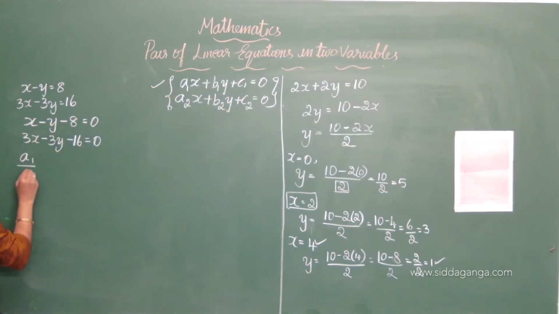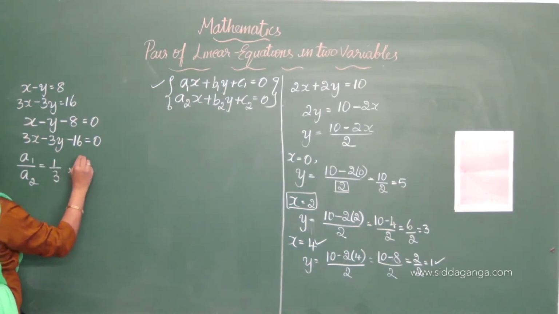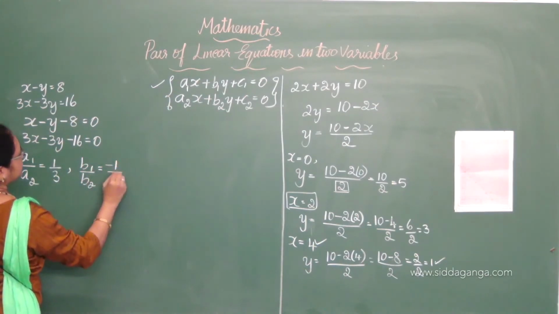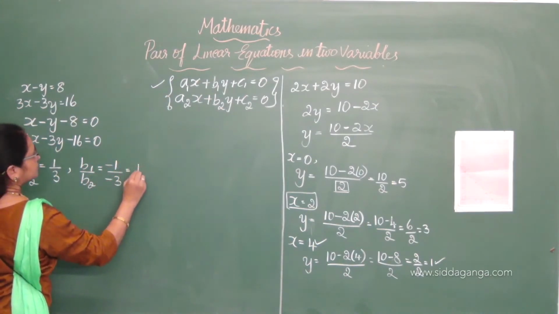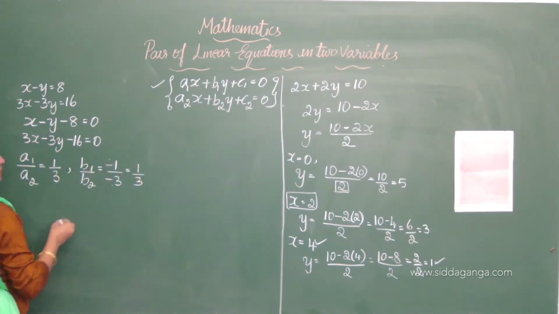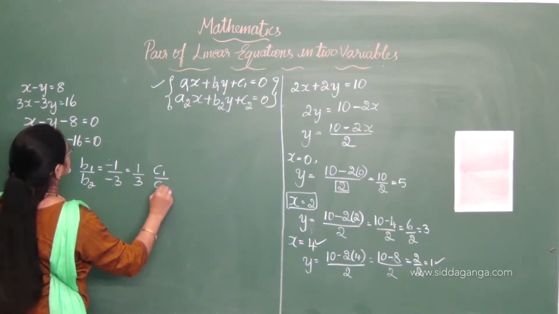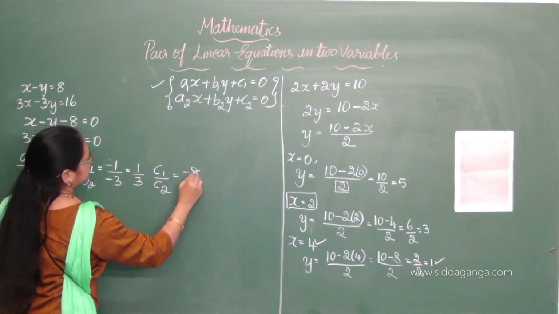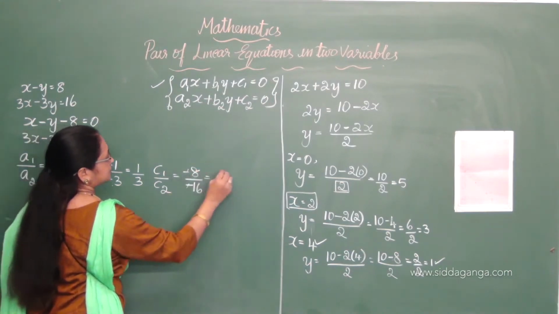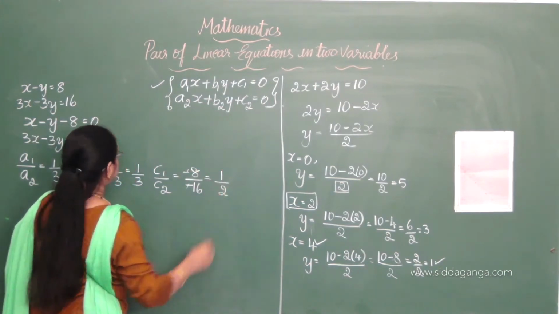Now a1 by a2 is 1 by 3. Next b1 by b2 is minus 1 by minus 3, that is 1 by 3 only, since the minus gets cancelled. Now c1 by c2 is minus 8 by minus 16, the minus gets cancelled, and 8 1s are 8, 8 2s are 16.